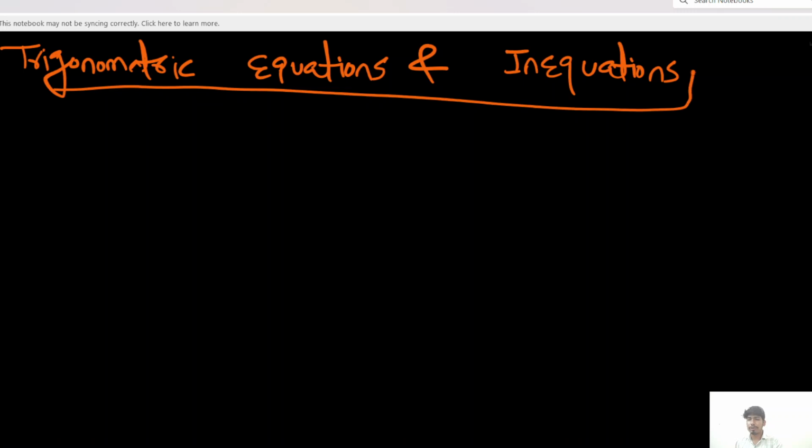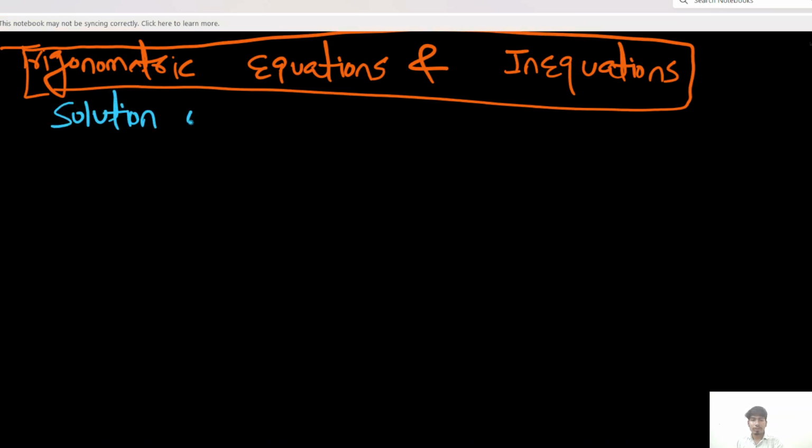Students, this is a most important topic because previous year examinations have questions from this topic. So now our next topic is solution of triangles.